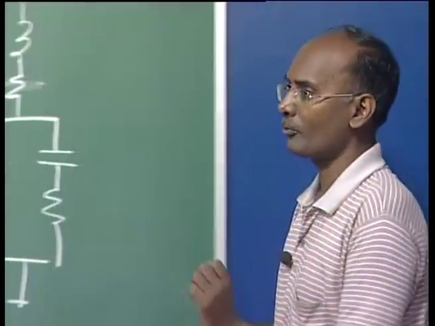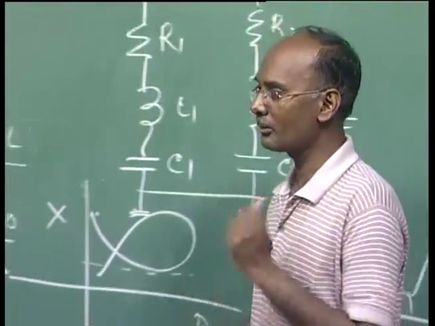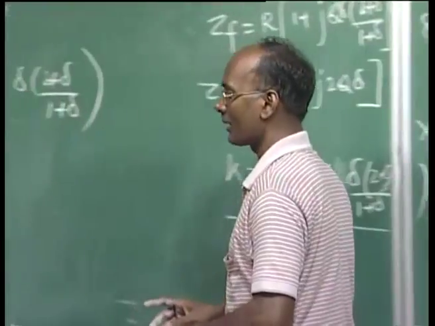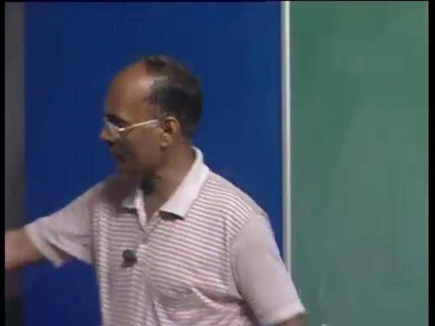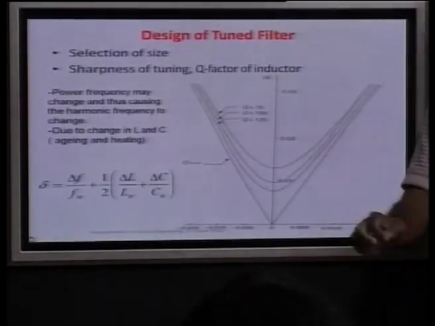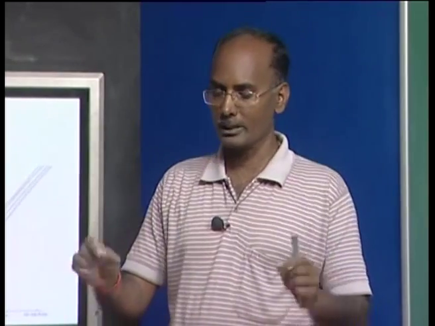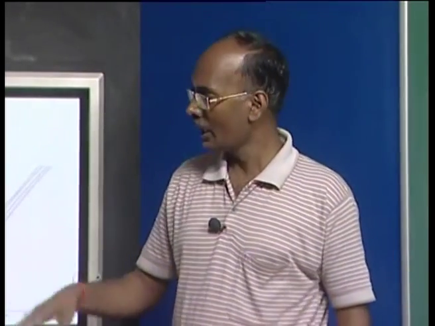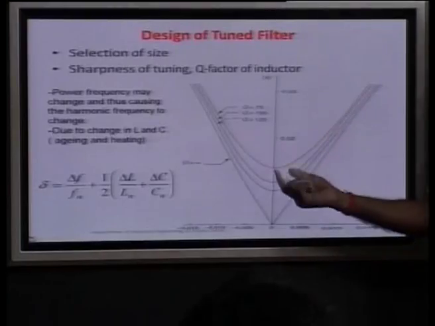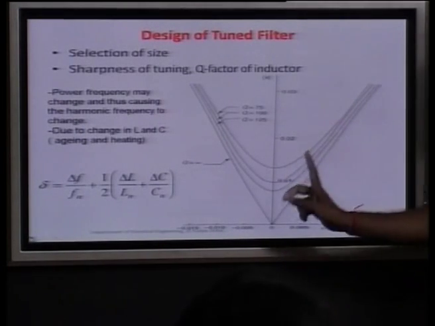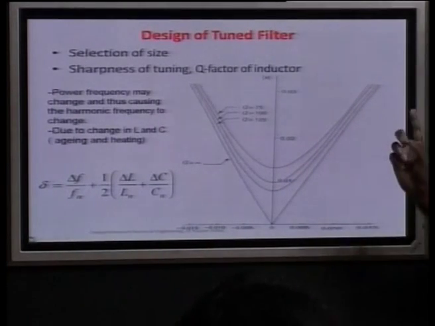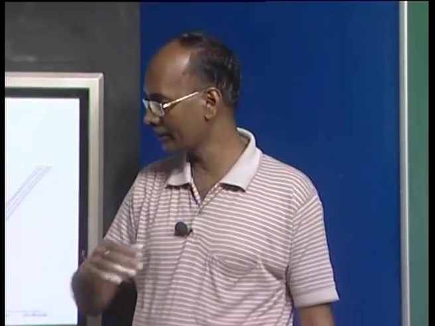Now this delta term, why are we using the delta? The major function of this delta is that there is a possibility of a frequency change, that is, the operating frequency may change, because the AC system frequency may change, and thereby the frequency tuning will also change, because you may land on this side or that side, depending upon whether the frequency is increasing or decreasing.